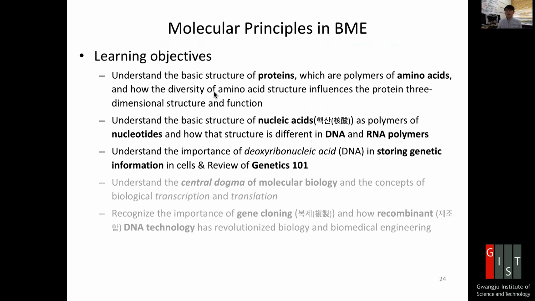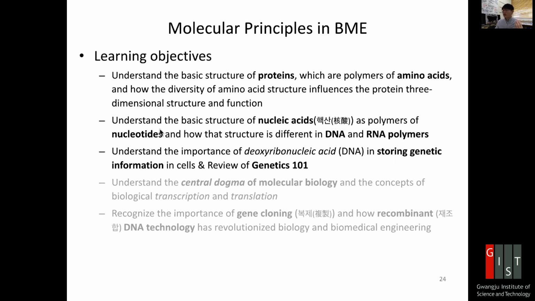So we discussed molecular principles in DME. We discussed the structure of proteins, which are polymers of amino acids, and the diversity of the 20 amino acid structures influences the eventual resultant protein three-dimensional structure and its function. Regarding genetics, we understand the structure of nucleic acids, which are polymers of nucleotides, and how this structure differs between DNA and RNA polymers.